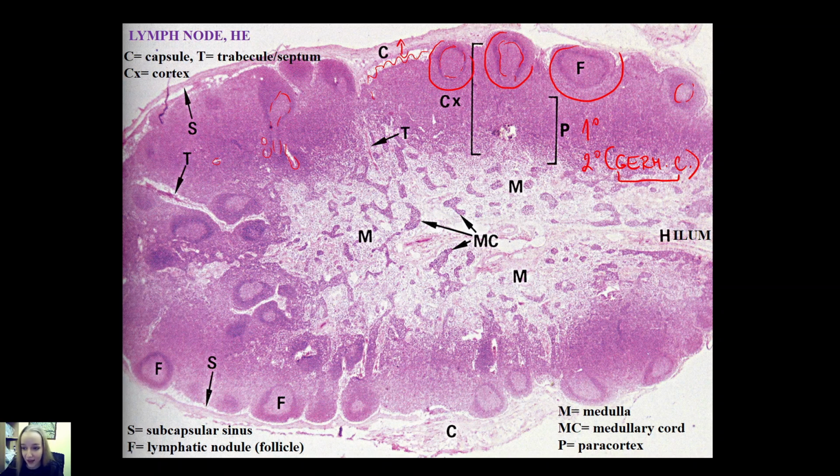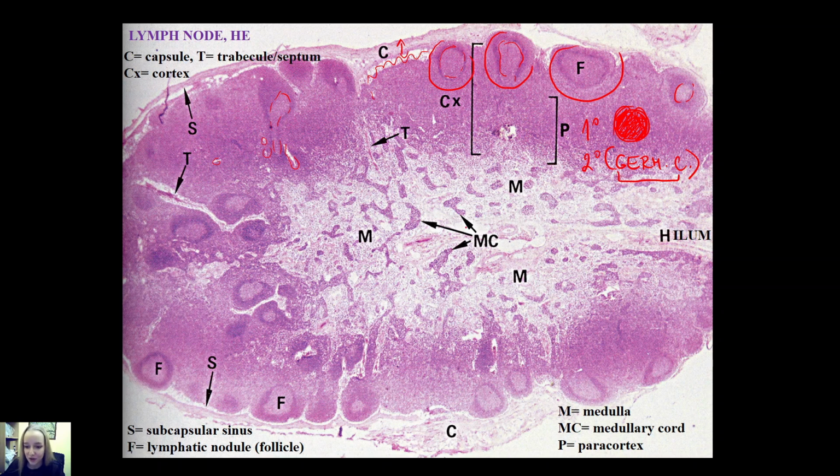They are dark basophilic with no lighter basophilic center inside them. These primary follicles, really, we cannot find them in our body because all lymph nodes got into contact with antigens in some kind of way.